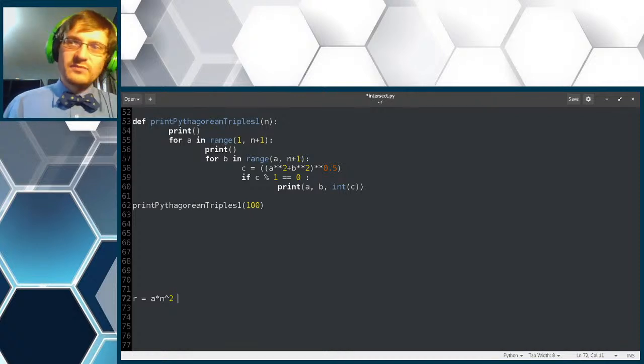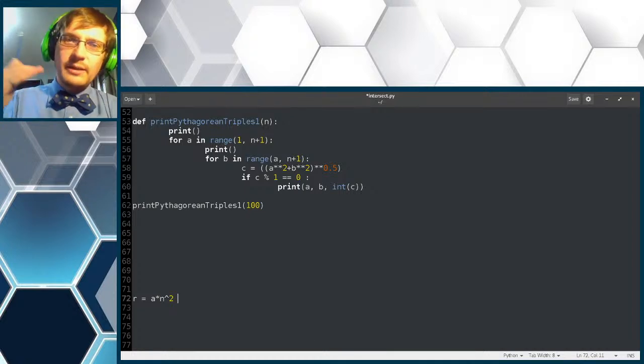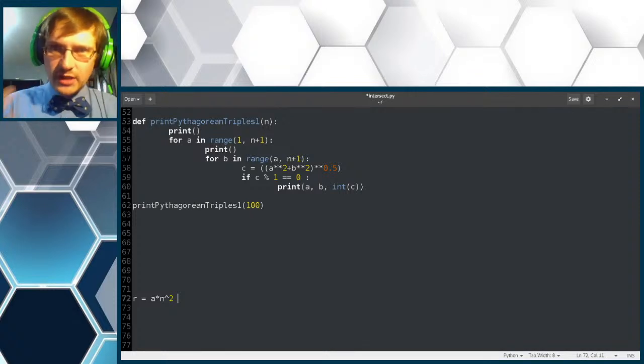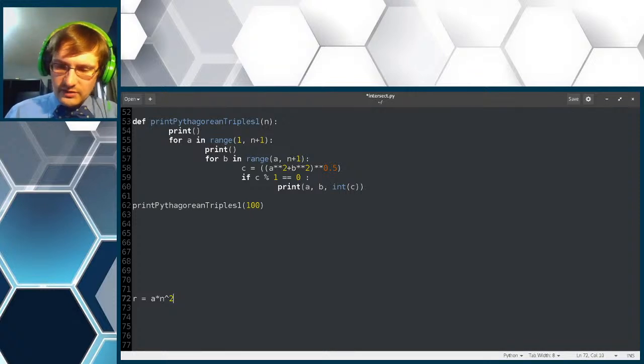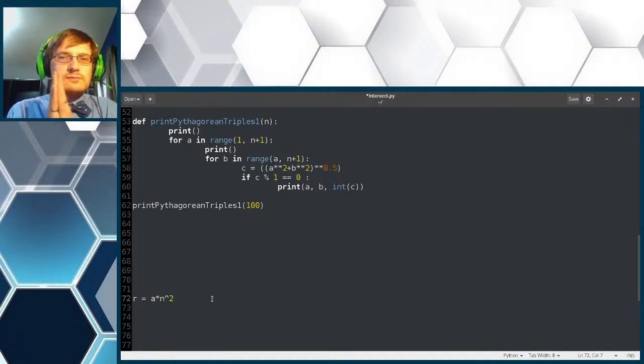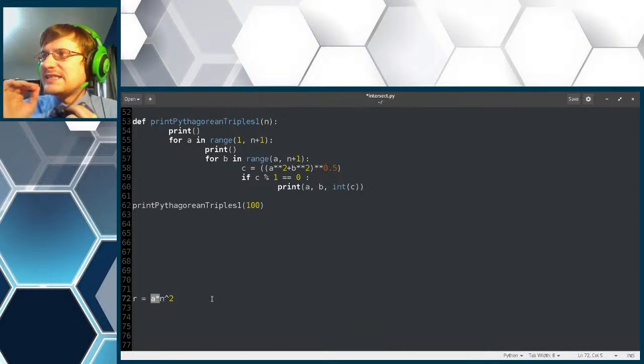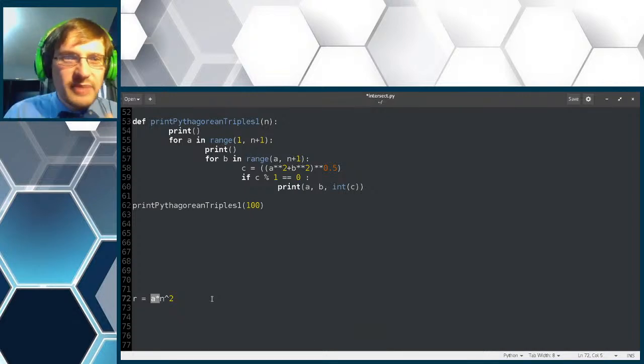In essence, the runtime of the algorithm is contributed to primarily by whatever the largest term is. So in this case, it would be n squared. However, there's one more approximation that we make, and that is this a factor. It's a really hard thing to actually pin down.